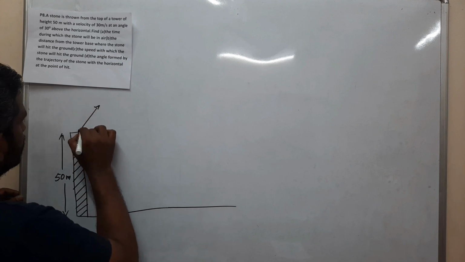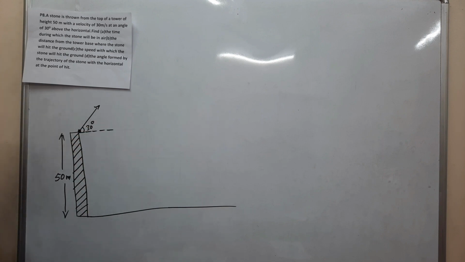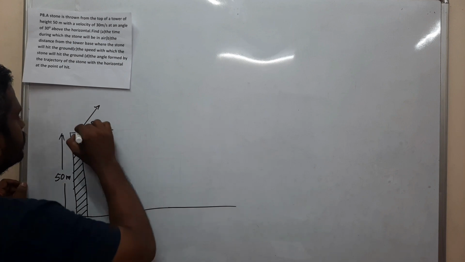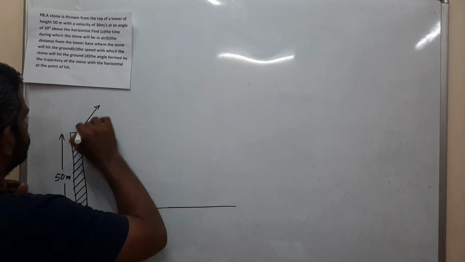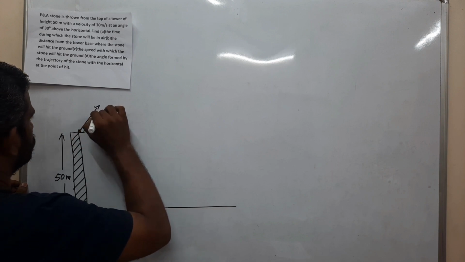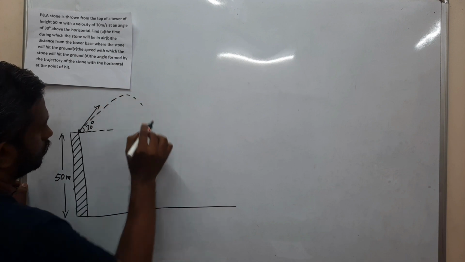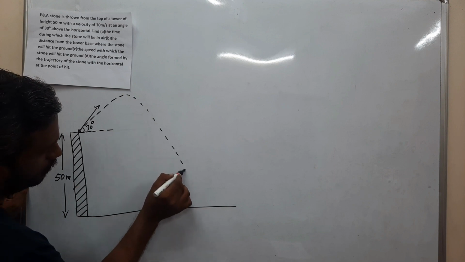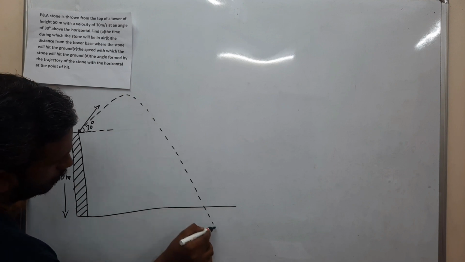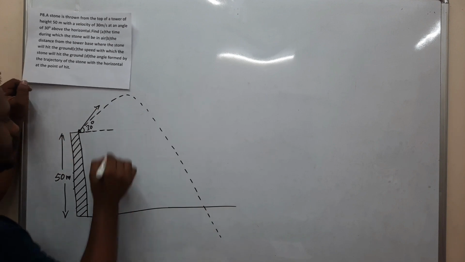So the projectile is like this. What is the trajectory of the projectile?